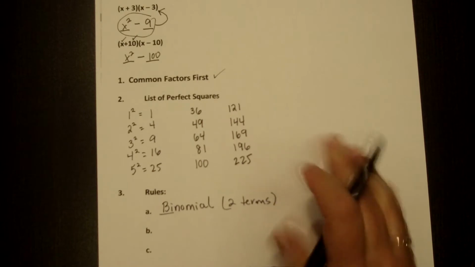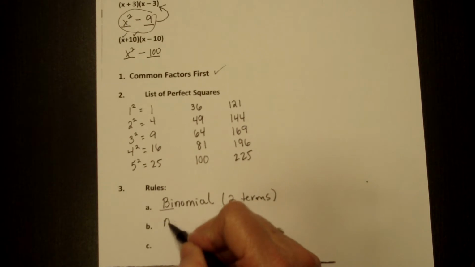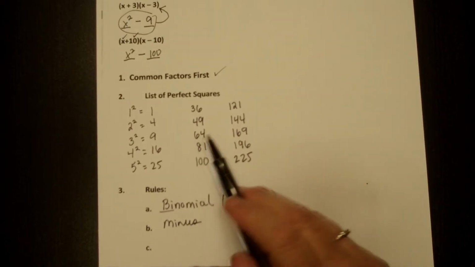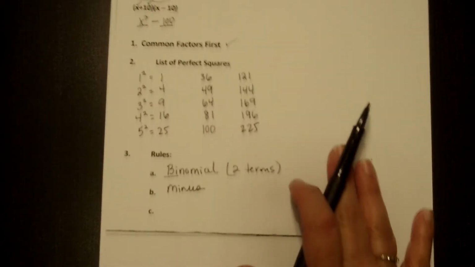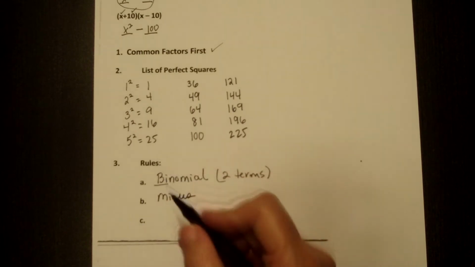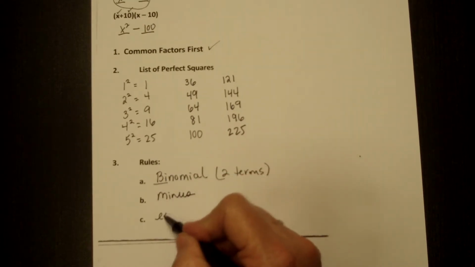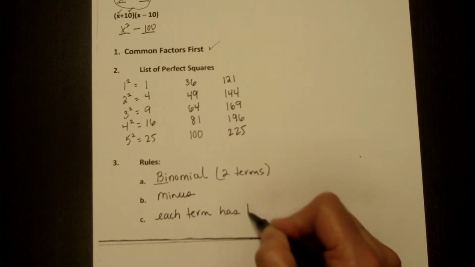What else will we look for? We're also going to look for a minus sign. As you noticed when we multiplied those, we have a minus sign. And the last thing you have to have is that each term has to be a perfect square.